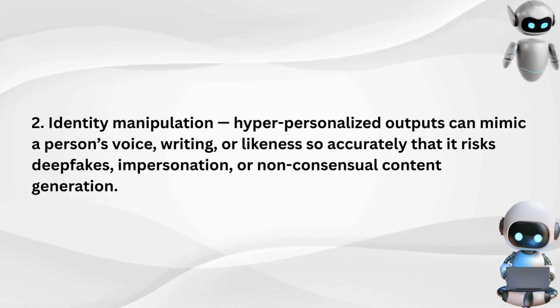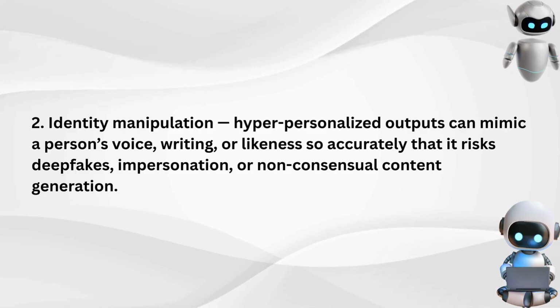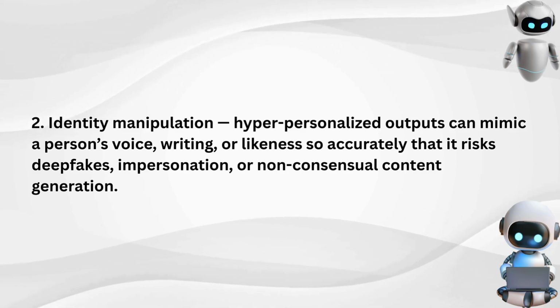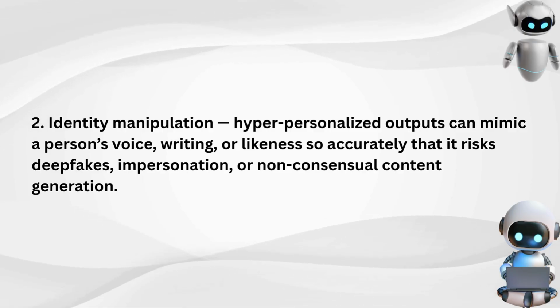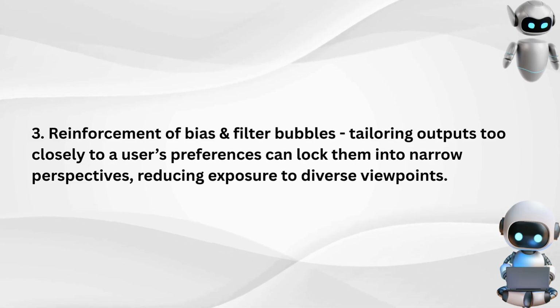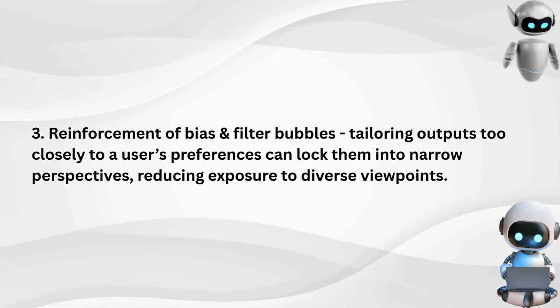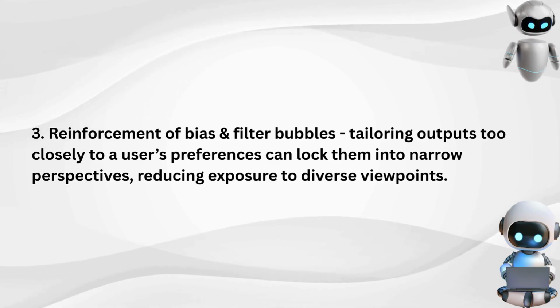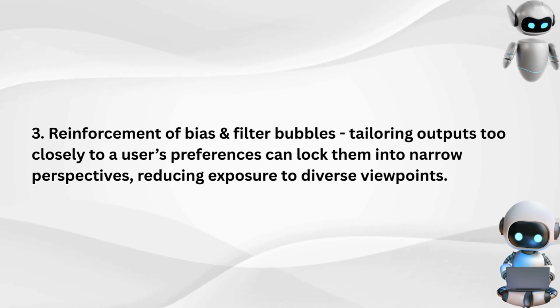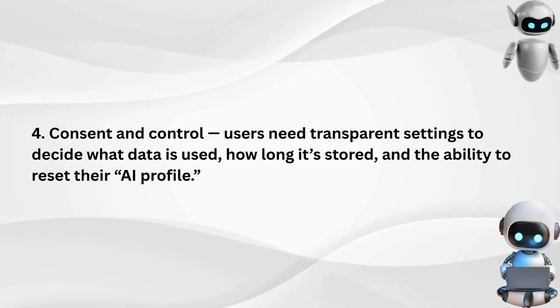Second, identity manipulation. Hyper-personalized outputs can mimic a person's voice, writing, or likeness so accurately that it risks deepfakes, impersonation, or non-consensual content generation. Third, reinforcement of bias and filter bubbles. Tailoring outputs too closely to a user's preferences can lock them into narrow perspectives, reducing exposure to diverse viewpoints. Fourth, consent and control.